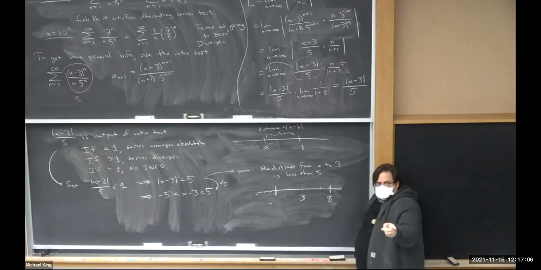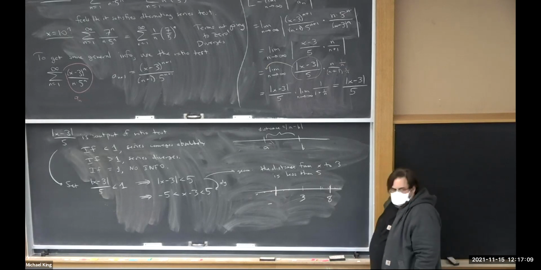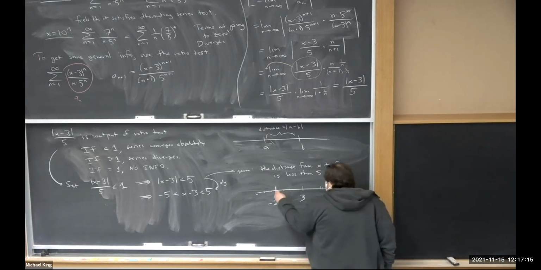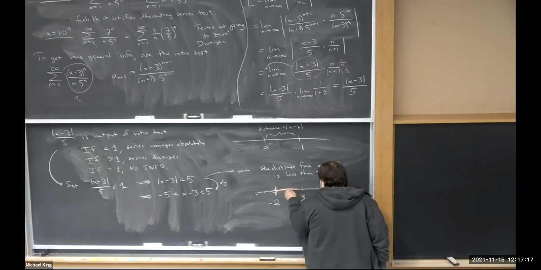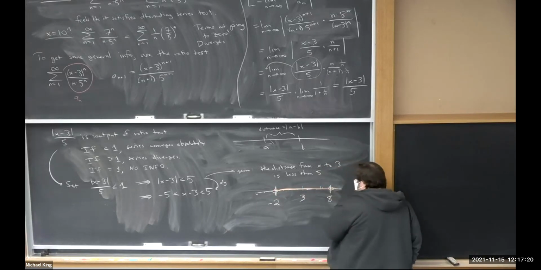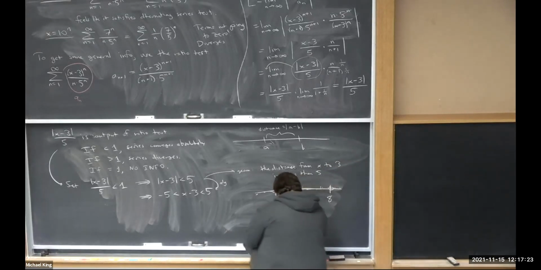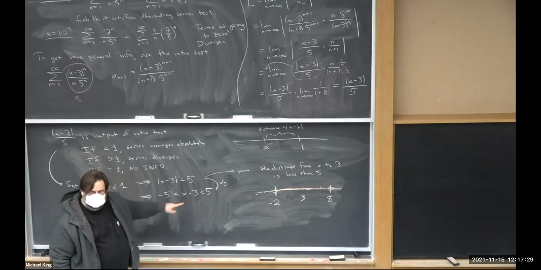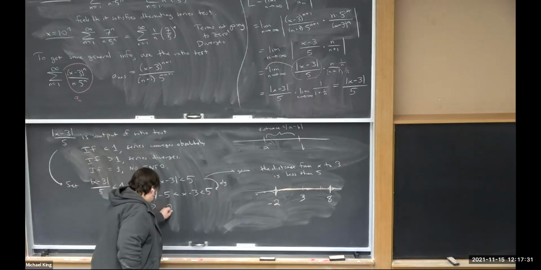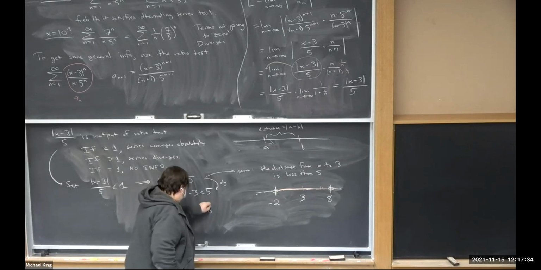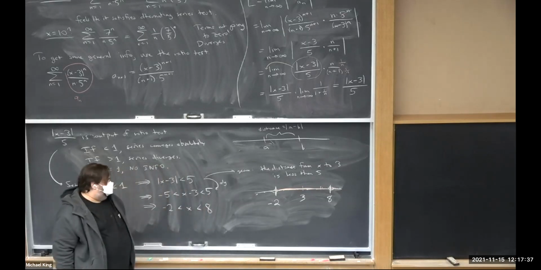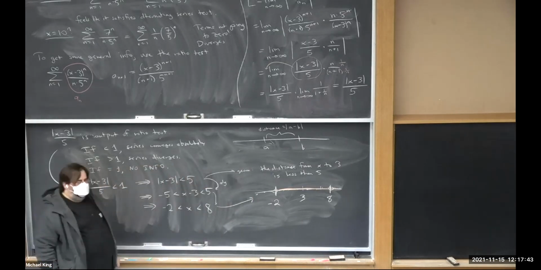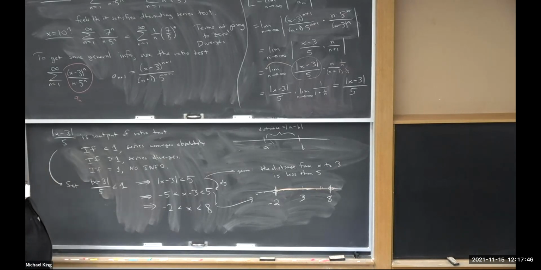This is probably what you said. -2, right? It's these numbers that satisfy this. You can get that over here too, just by adding 3 to all 3 sides of this. So if I add 3, I get -2 less than x less than 8. Either way leads to the same conclusion. I just like thinking of that as a distance. You can kind of see it immediately.